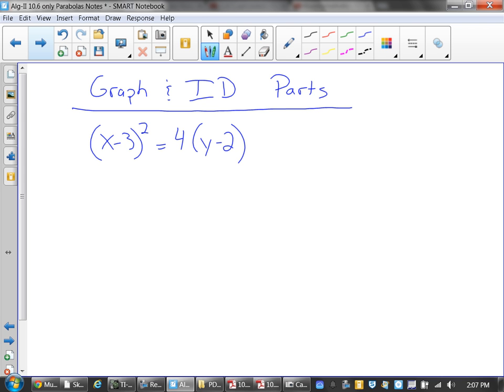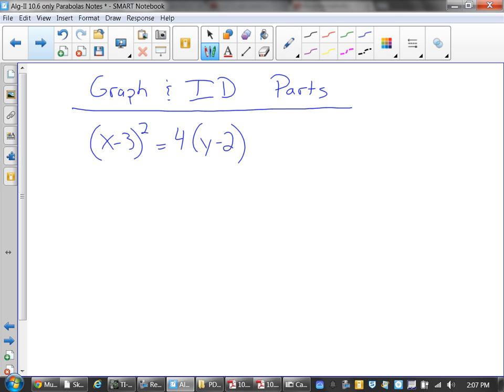That's the generic. What's p? 1. Right. Okay, so this is how it's going to look. What we want to do right away is identify if it's an x squared parabola or a y squared parabola. It's x squared. How do we know that? Because there's a squared around the x.